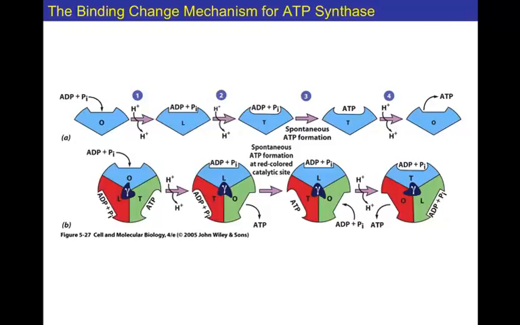There's a 3-step reaction that goes on, and as that reaction occurs, the head of the ATP synthase molecule actually turns around in 3 steps, and after the 3rd step, it will release an ATP.